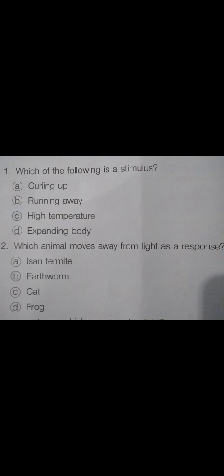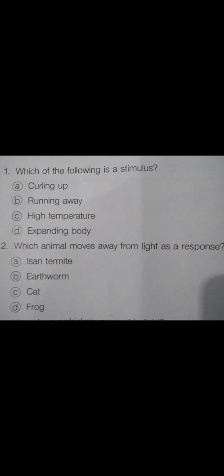Okay, finished. Now we go back to number one again. You have to write the correct letter and the correct answer together. Here, number one, which of the following is a stimulus?